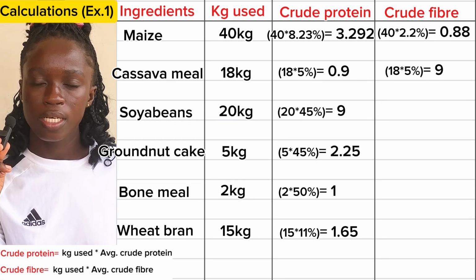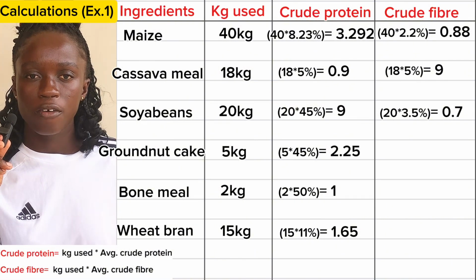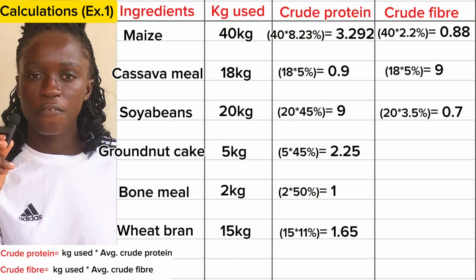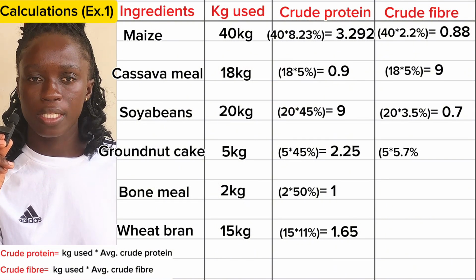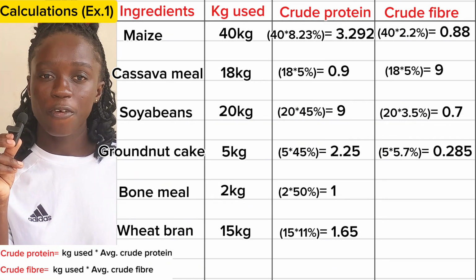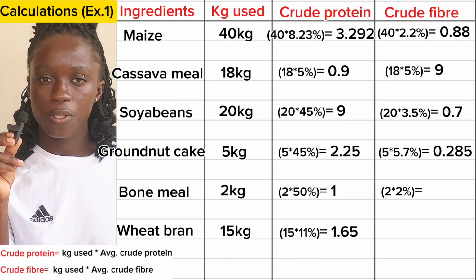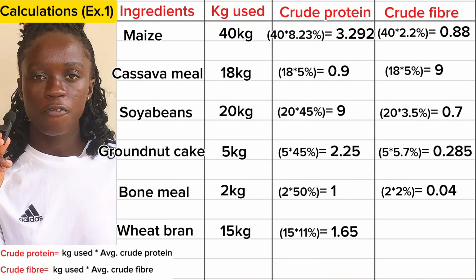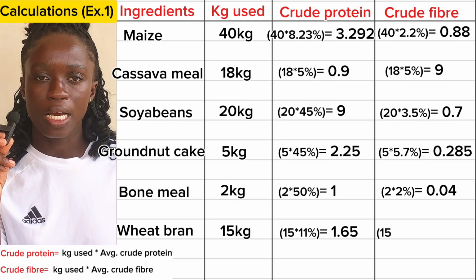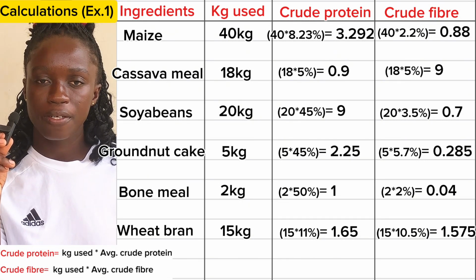For soya beans, it's 20 times 3.5%, and that gives us 0.7. For groundnut cake, it's 5 times 5.7%, which gives us 0.285. For bone meal, it's 2 times 2%, and that gives us 0.04. And for wheat bran, it's 15 times 10.5%, and that gives us 1.575.